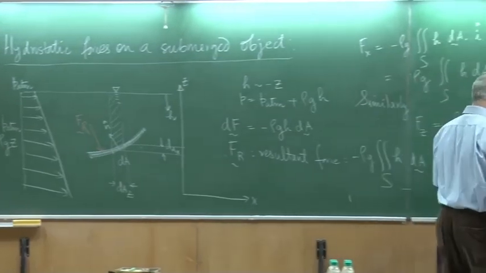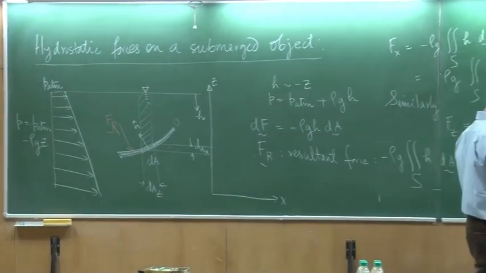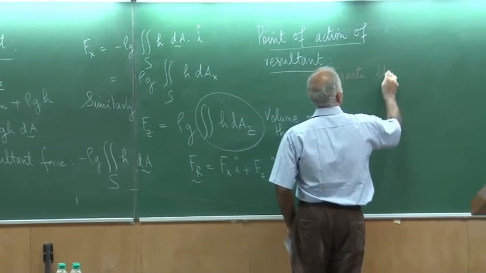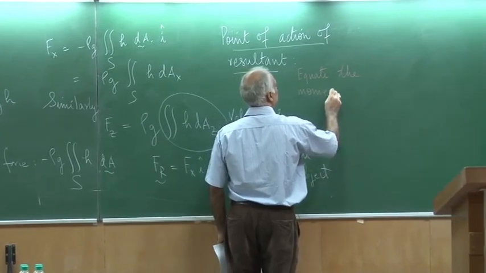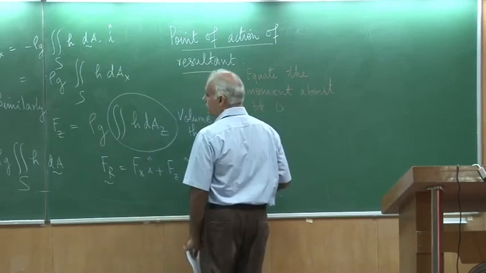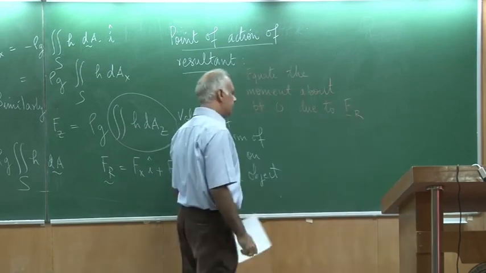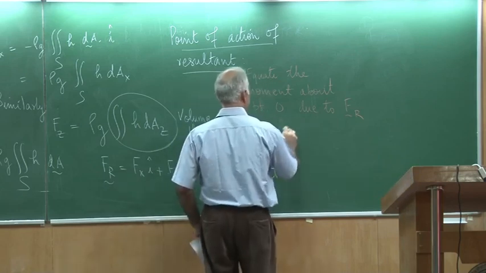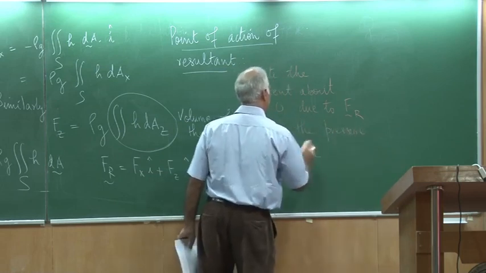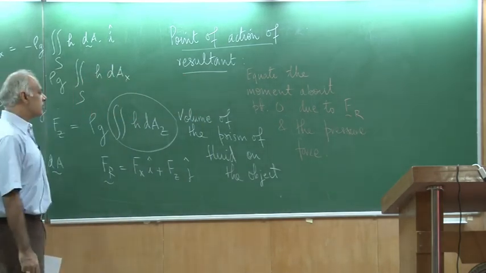So, I should be able to, for example, take this point O and equate the moment about point O due to the resultant force and the pressure force, pretty much like what you do for the center of gravity. So, that here would be known as the center of pressure.